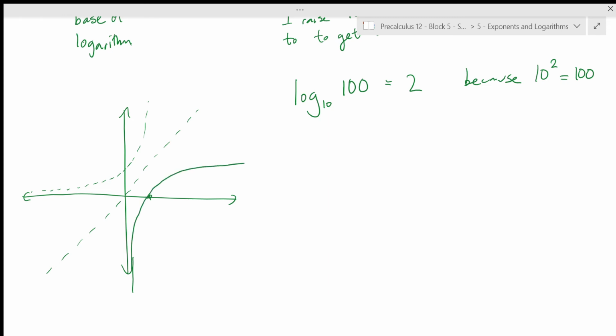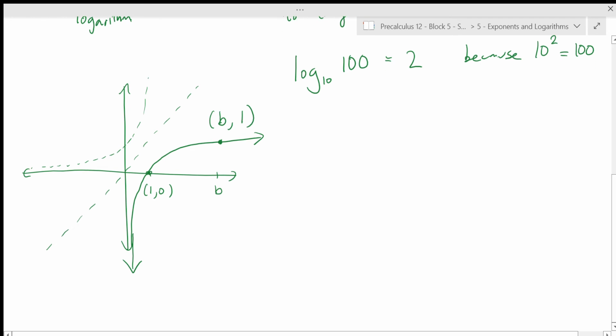Where our exponential function had the special point 0, 1, our logarithmic function is going to have the special point 1, 0 if it hasn't been transformed. Where our exponential function had the point 1, b, our logarithmic function is going to have the point b, 1, just with the x's and y's switched.